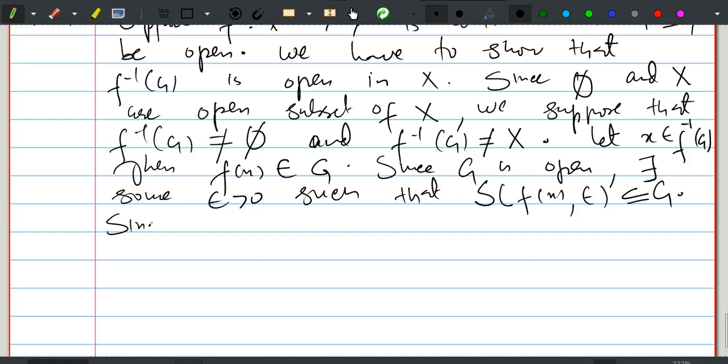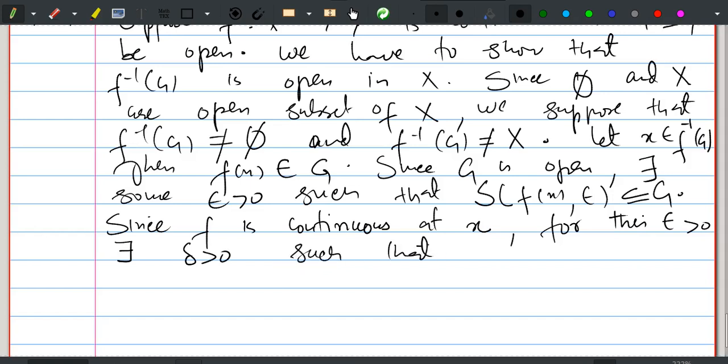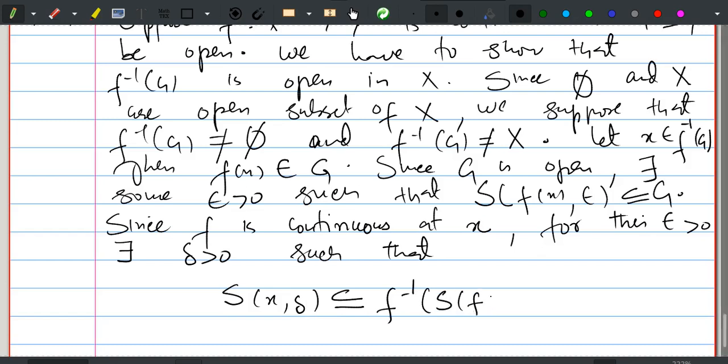Since f is continuous at x, for this epsilon positive, there exists a delta positive such that the open ball centered at x with radius delta must belong to the inverse image of the open ball centered at f of x with radius epsilon.